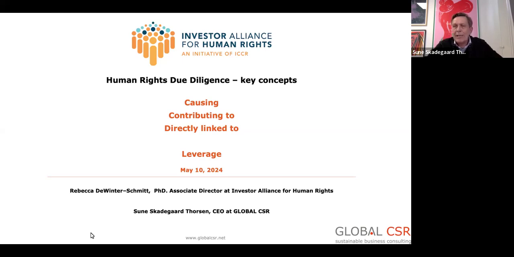These are the three possibilities for companies to be involved with adverse impacts. We will also touch upon the term leverage. What does leverage mean, and where does leverage come into play when you look at corporate responsibility to respect human rights?